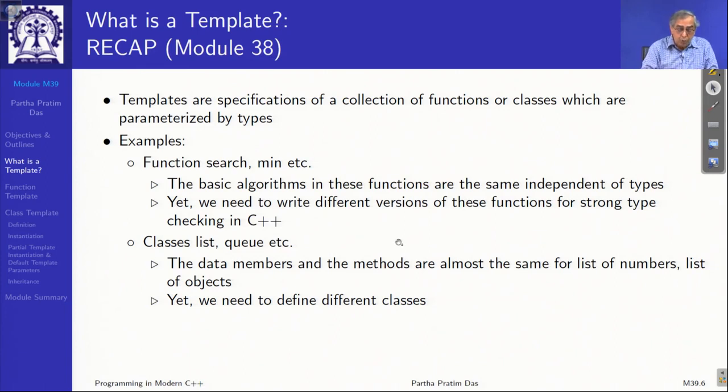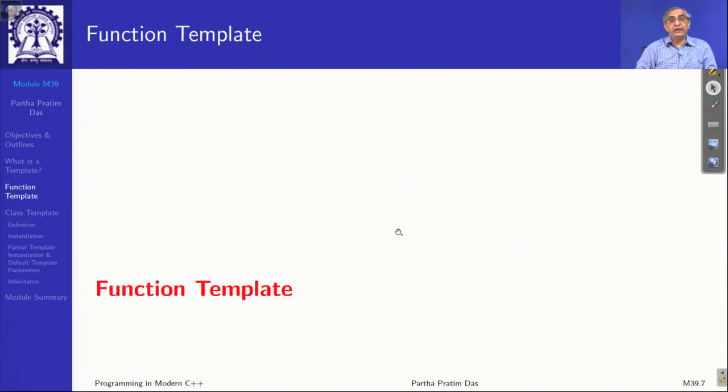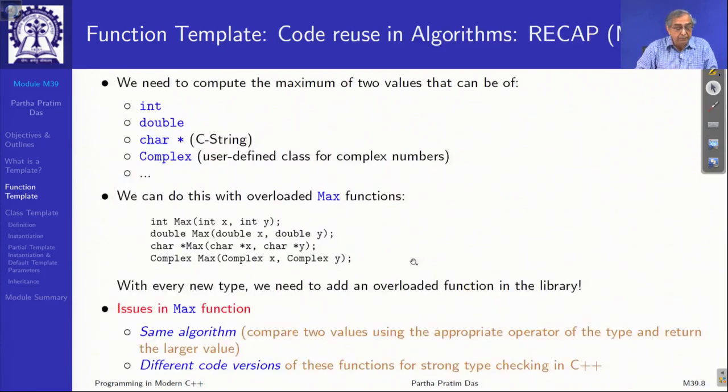To work around that, we have seen in the last module that we can have a function template. To compute the greater of two given values, that is the maximum, we need to deal with integer values, double values, string values, which in C is represented as char star, or maybe user defined types like complex.